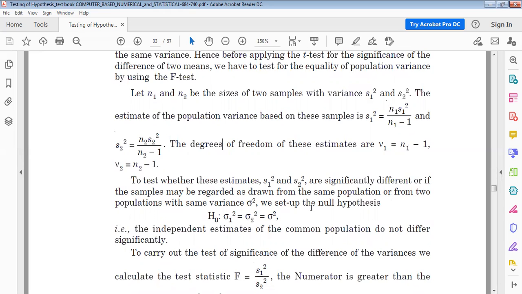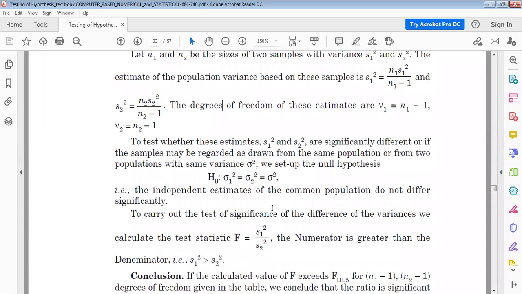That means we first have to set up the null hypothesis: sigma 1 square, the first variance, equals sigma 2 square, equals sigma square. That means all variances are equal under the null hypothesis. That is, the independent estimates of the common population variance do not differ significantly.